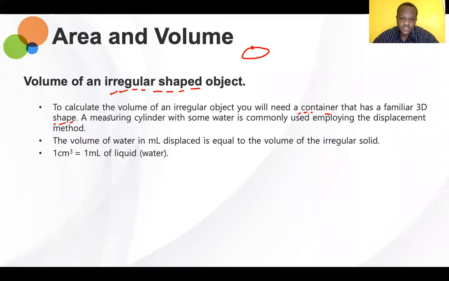So a measuring cylinder. Sir, that is not the regular shape, sir. Go again. Our stone here. Our stone, that's what you're referring to. All right, I'm not hearing a response.